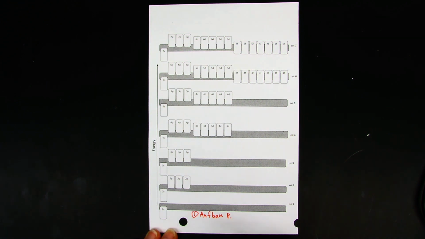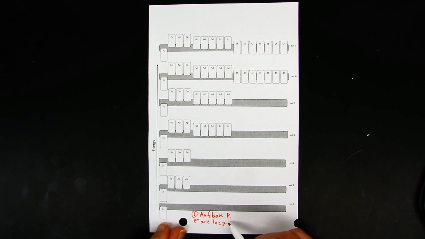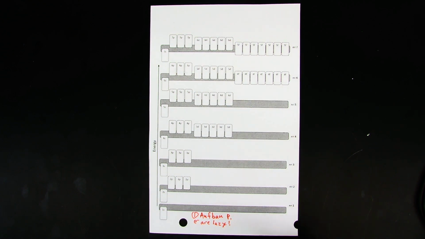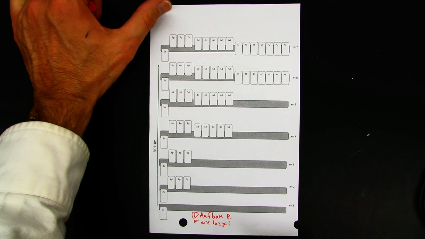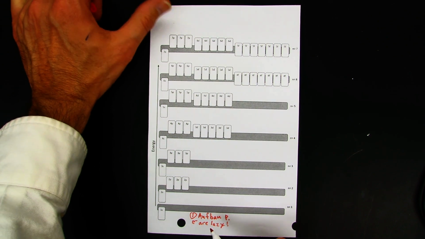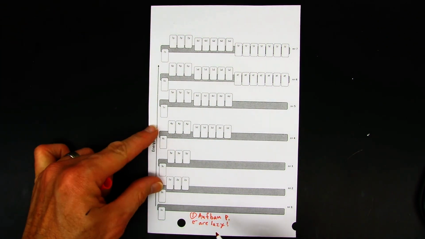What does that say? Basically, the thing you want to remember is that electrons are lazy. And what do we mean by that? We mean that they want to have the lowest energy possible. So let's write that down.